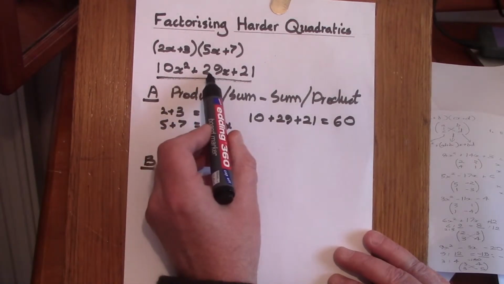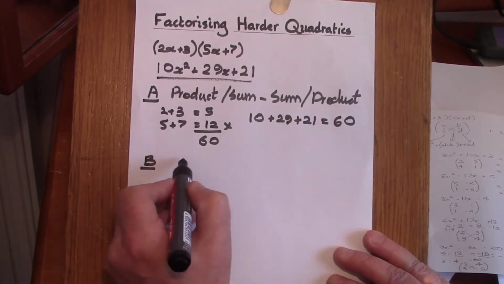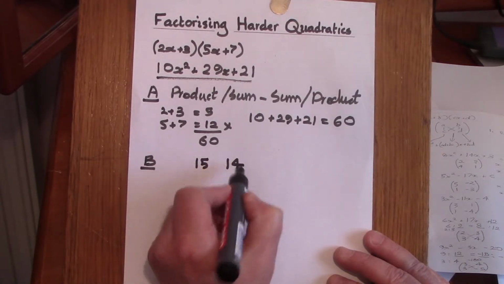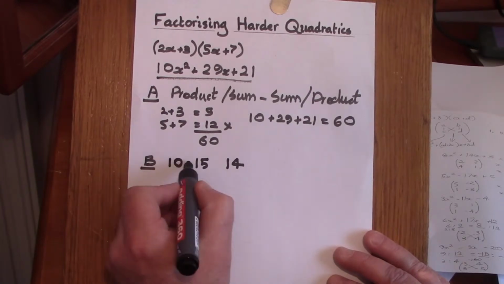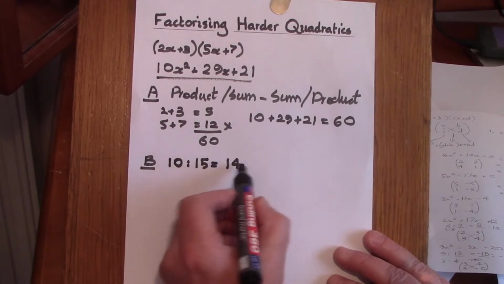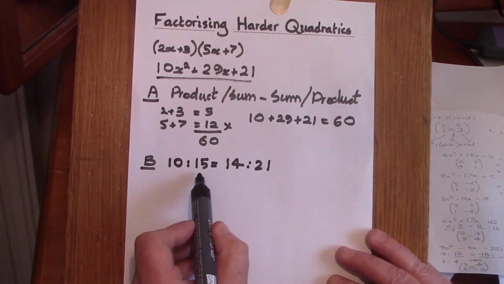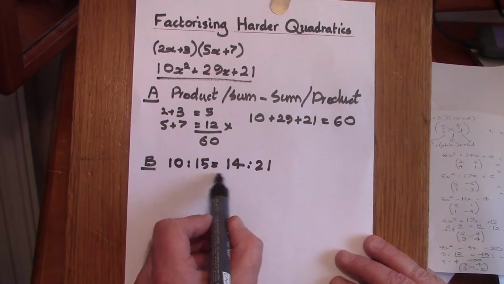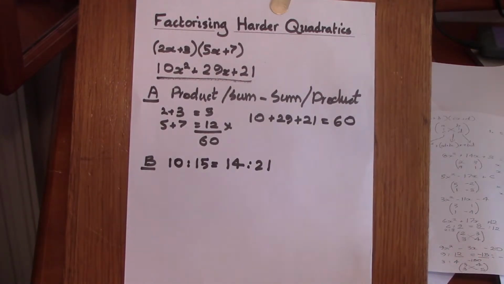If we take the middle coefficient 29, it can be split into two parts, a 15 and a 14 in this case, so that the first coefficient, 10, is to this first part, 15, as 14 is to 21. And that can be used to help factorise some of these harder quadratics.